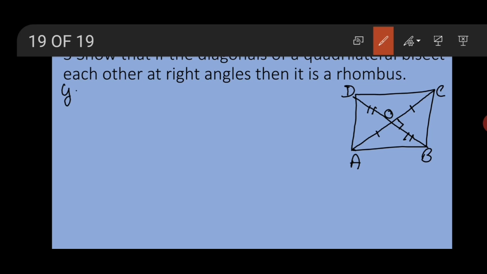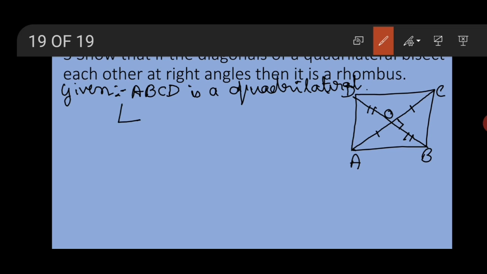So what is given? Take down. Given ABCD is a quadrilateral and angle AOB is equal to 90 degrees, since the diagonals bisect each other at right angles.